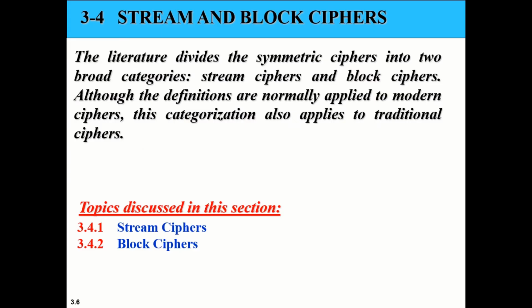Okay. Now the next thing that comes is stream and block ciphers. We have covered these two topics, along with the various ciphering techniques which we have studied so far. Broadly, symmetric key cryptography can be categorized into these two categories, which are stream ciphers and block ciphers.